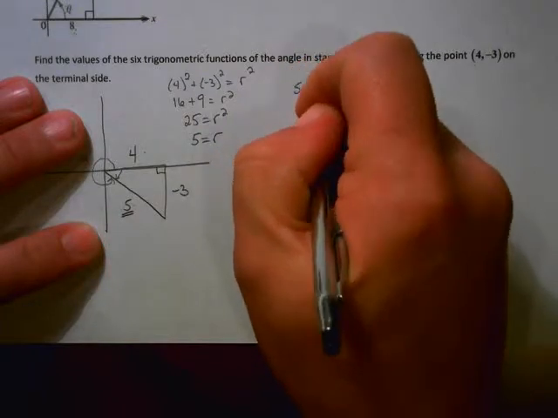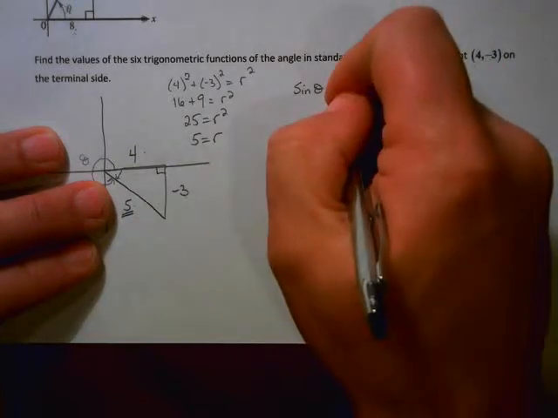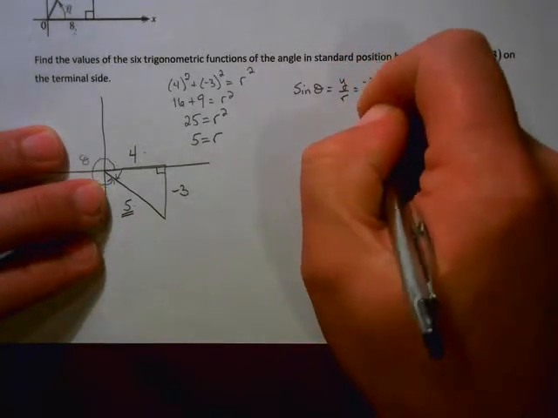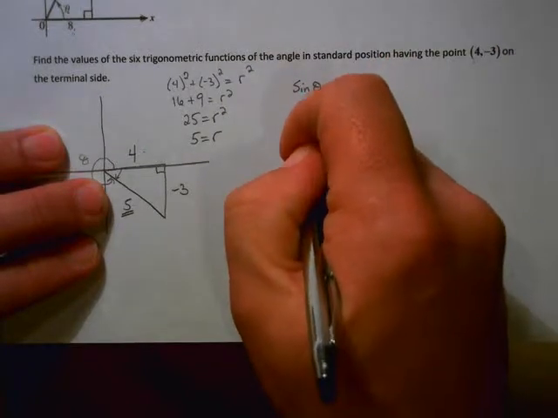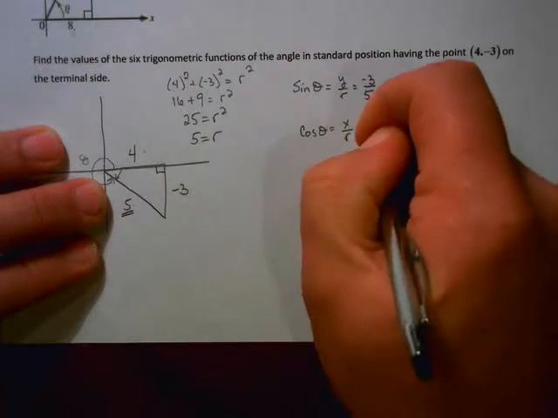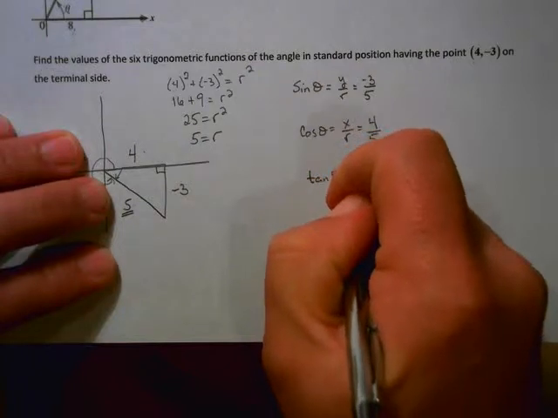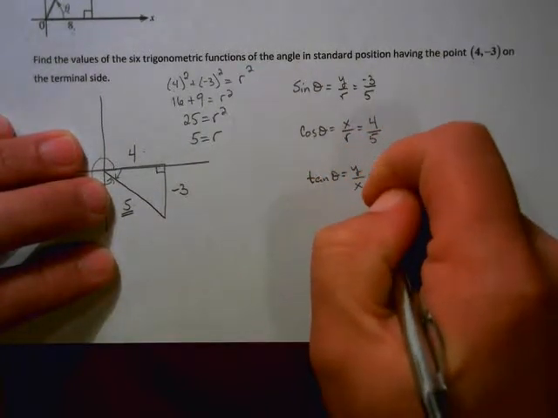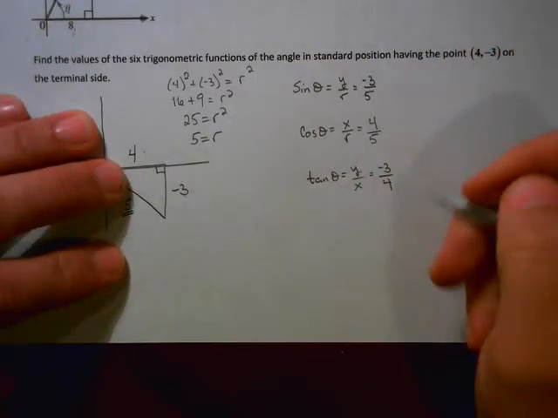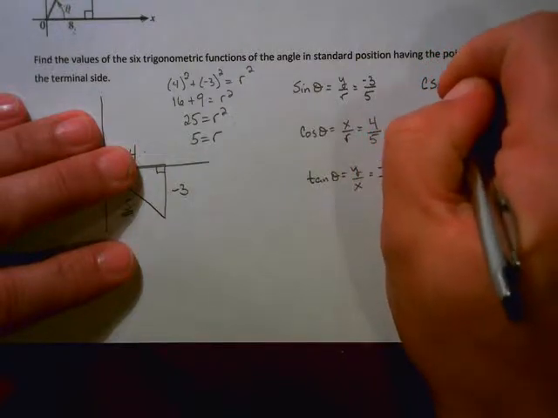So now sine theta is y over r, which is negative 3 over 5. Cosine theta is x over r, which is 4 over 5. And tan theta is y over x, which is negative 3 over 4. Once we have those 3, the next 3 are going to be the reciprocals of that.